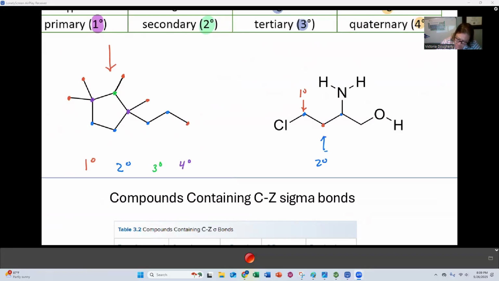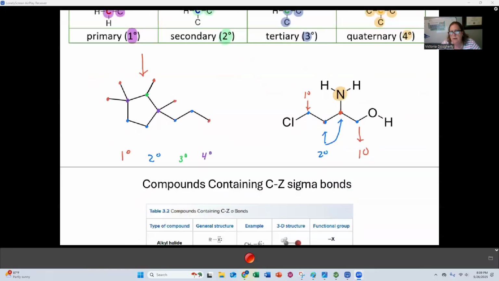And this right here is a secondary carbon because, again, it's only attached to two carbons. So we're not going to count this nitrogen group. And then this last carbon right here is a primary carbon because, again, it's only attached to one carbon.